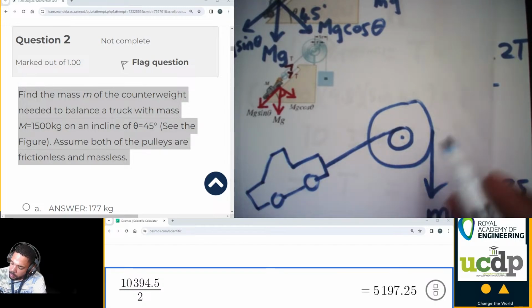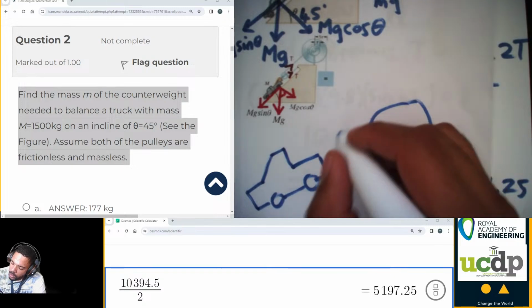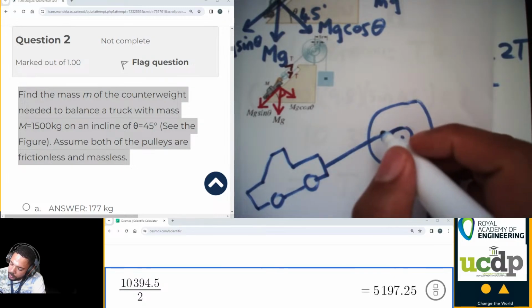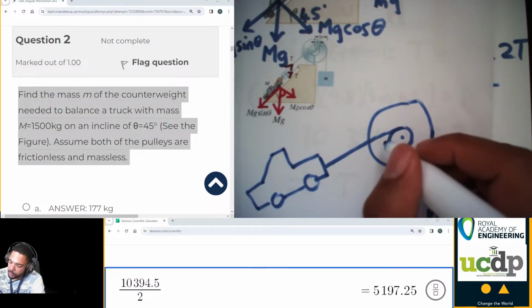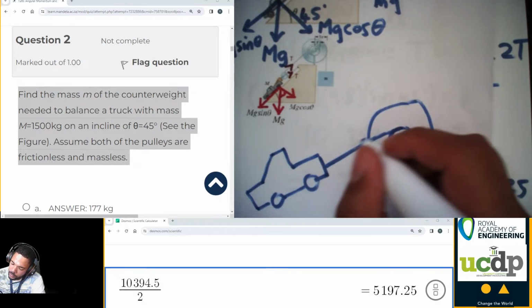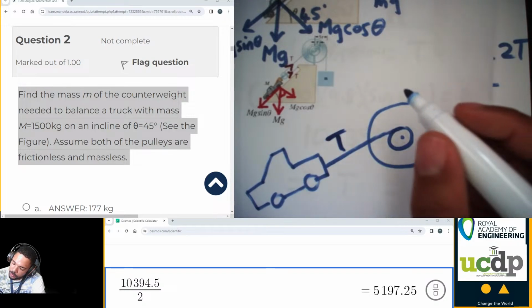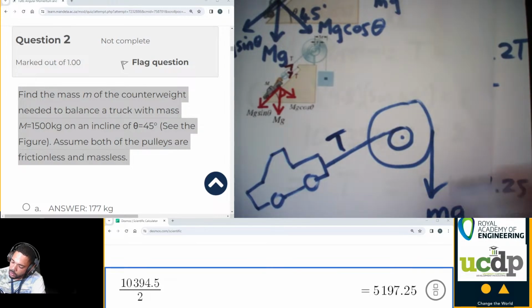This is what's happening. The force here is the tension, and the force here is the weight.